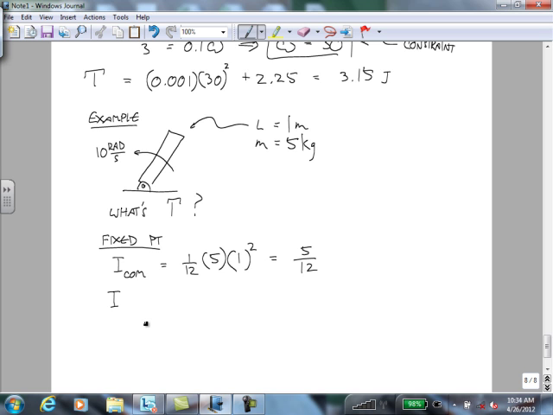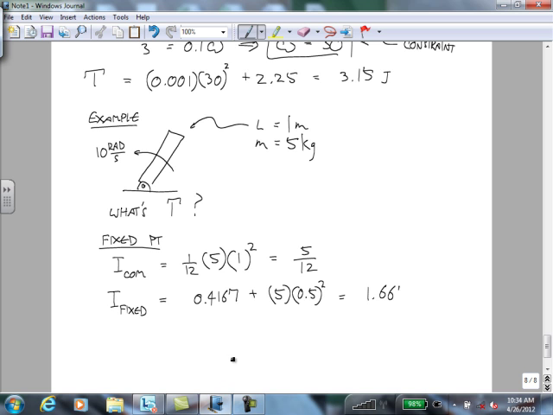So the moment of inertia about the pin is 5/12, that's 0.4167, plus the parallel axis theorem: 5 times the distance, 0.5, squared.